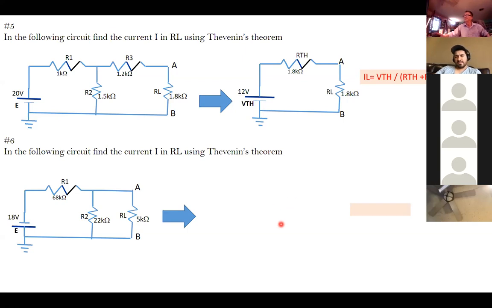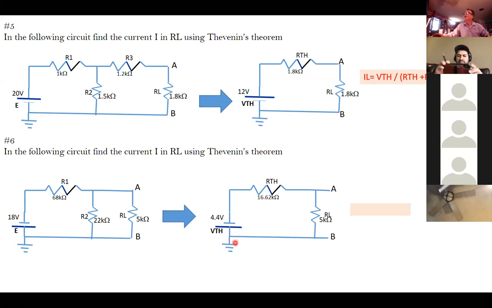We'll see. 4.4, correct. You're good. Is it going to be negative or just 4.4? Because you have changed the polarity of E. You see, I drew it negative here, meaning minus 4.4. Okay, got it. If we connect negative, then we don't have to put a minus. Okay, thank you. You're welcome.